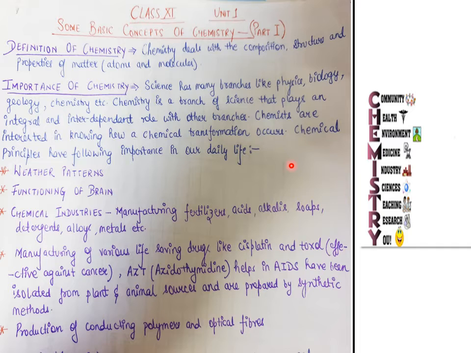So the study of hydrocarbons is organic chemistry. When you study the properties of periodic elements, they come under inorganic chemistry. And when you study the physical properties of matter, elements or compounds, that comes under physical chemistry.